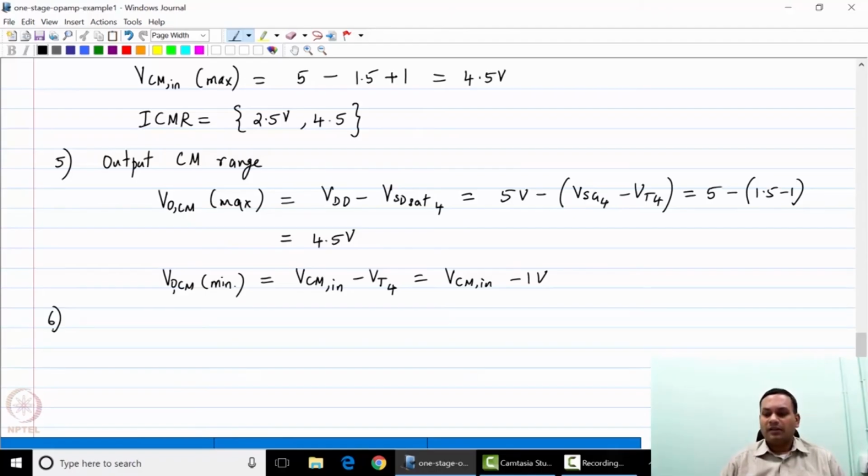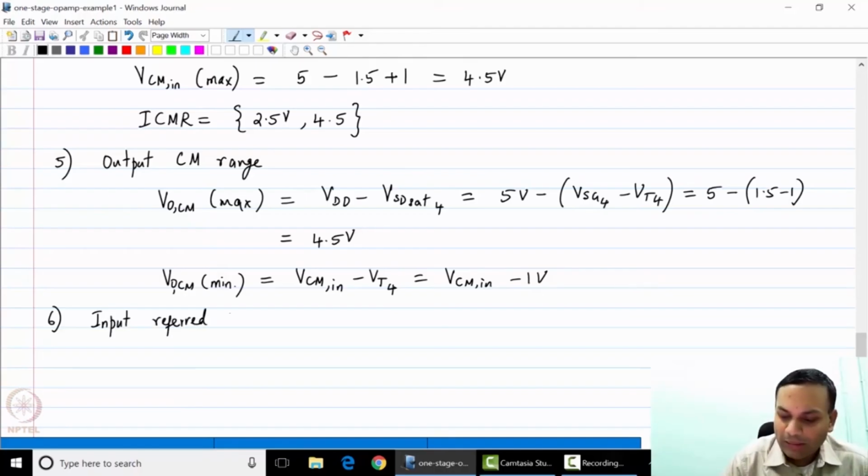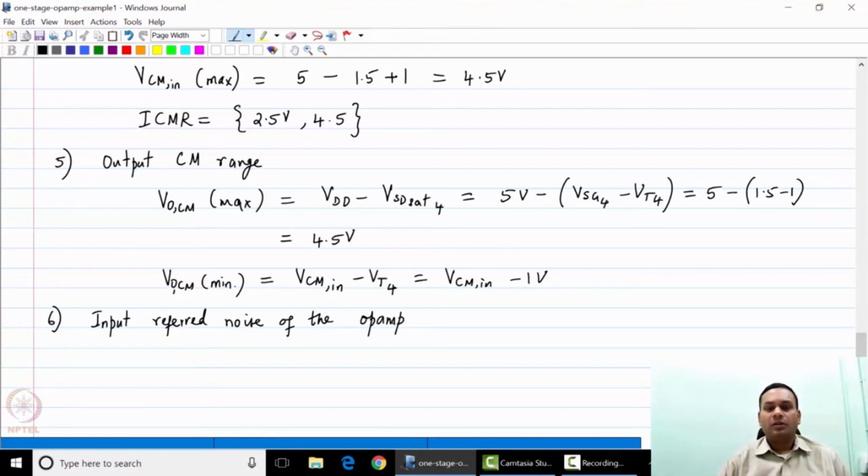Now the next quantity that we'll calculate is the input referred noise of the op-amp. As we have seen before, the input referred noise of the op-amp, which we'll represent as En squared, has two components.